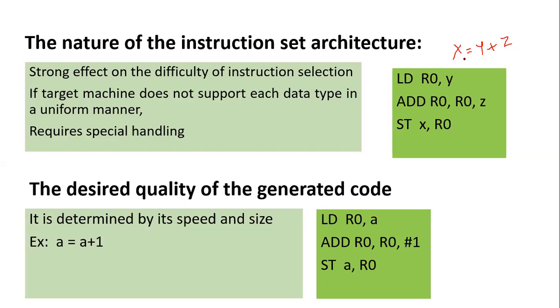But machine architecture may give instructions like INR, which is INCR, incrementing. Instead of loading and adding 1, you can directly write the instruction INCR, which will increment.